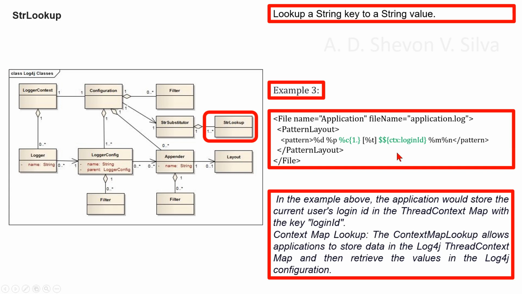During the initial configuration processing, the first $ sign will be removed here. The pattern layout supports the interpolation with lookups and will then resolve the variable for each event. Note the pattern with the $ sign, the % sign, x and then loginId would achieve the same result.